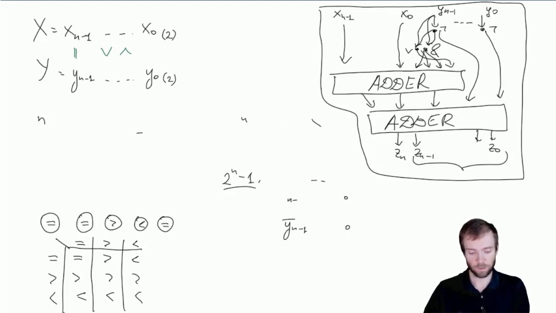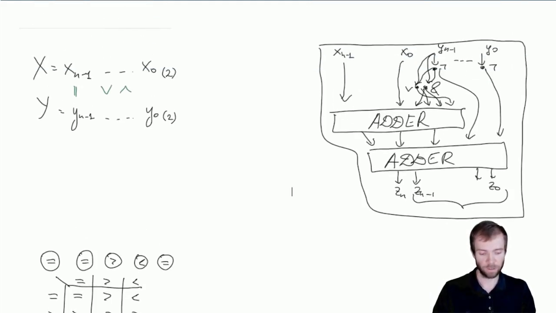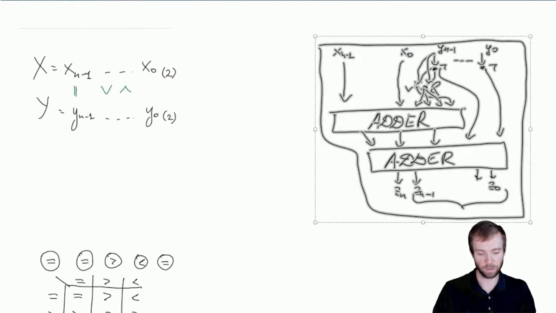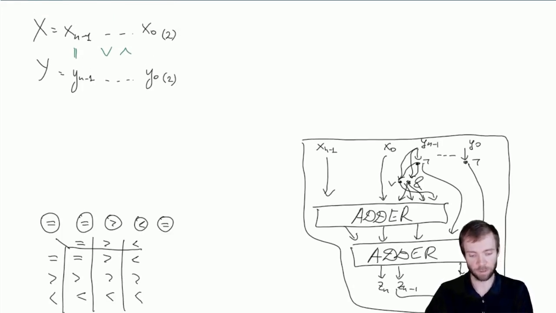So the resulting circuit, which would be, I think, a proper one for computing the difference of two numbers, of two integers, would be the following. We have the circuit which provides us with subtraction of numbers like this, and we prepend it with a circuit which computes the relation between x and y, so which one is greater, comparing x and y, y_{n-1} through y_0.